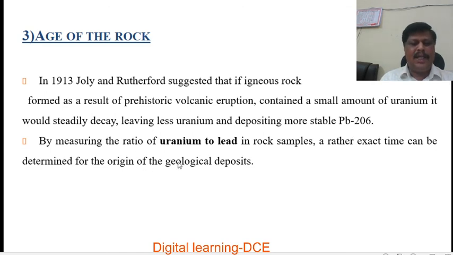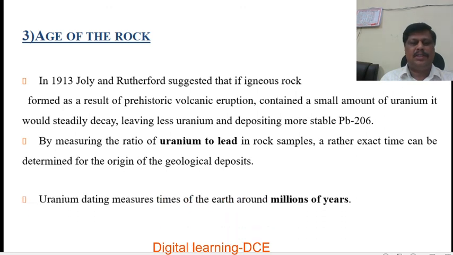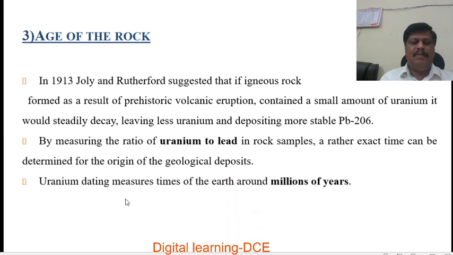By measuring the ratio of uranium to lead in rock samples, a rather exact time can be determined for the origin of the geological deposits. Uranium dating measures times of the earth around millions of years, as I already explained in the last slide.